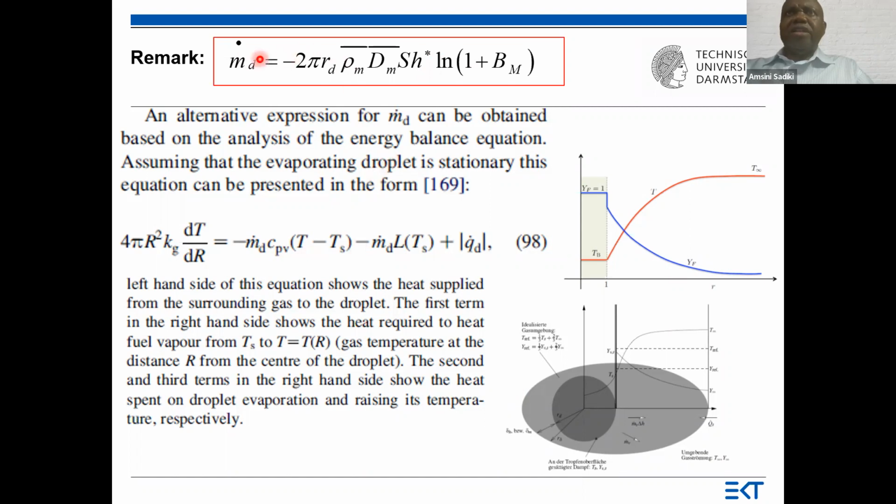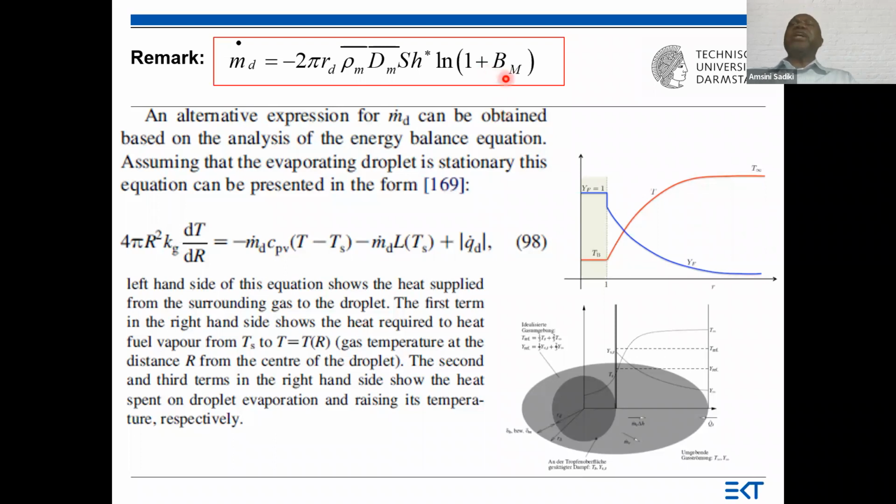We get this expression as a function of the mass transfer Spalding number, but here also we have seen the role we have if we try to represent the evolution of the temperature and the evolution of the mass fraction. If we have, for example, the flame, we will have the burning temperature here, then we will have almost the same profile, but the quantity will be different.